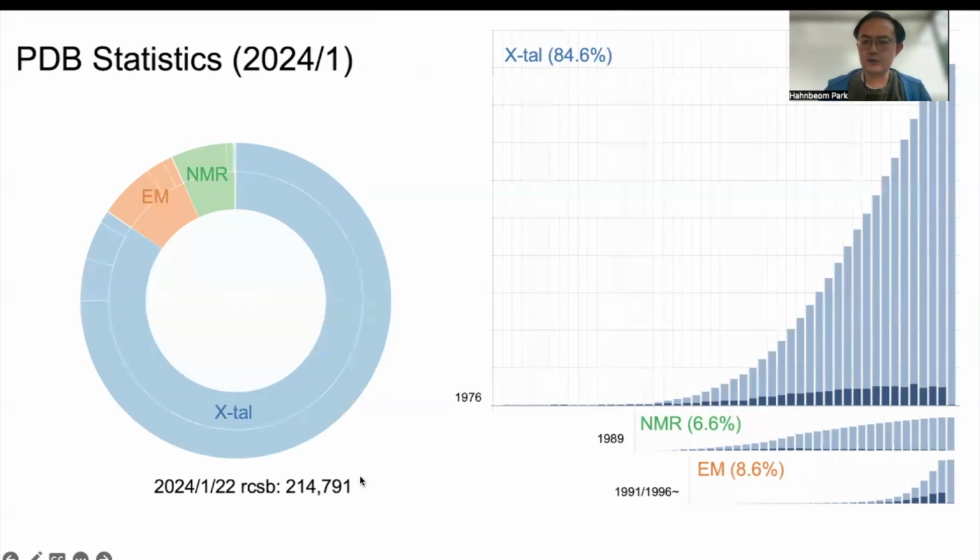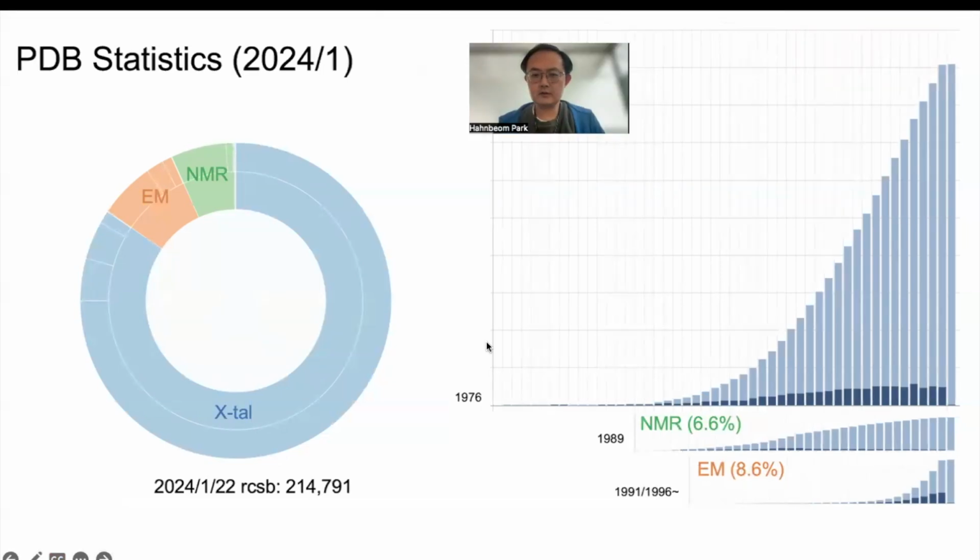In RCSB, there were more than 210K structures deposited in PDB, where crystal structures compose about 85% of the entire structural database, followed by EM and NMR structures.